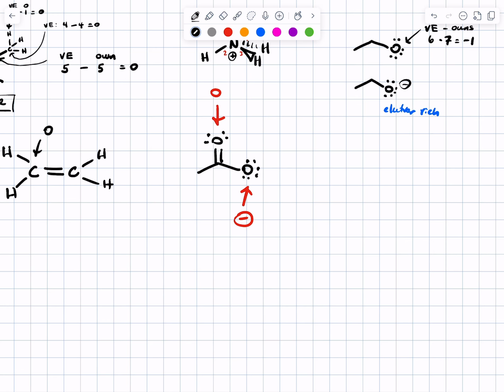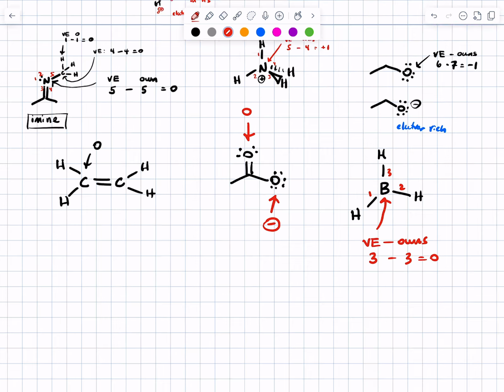Let me draw for you now another molecule, BH3. Boron is weird, right? Boron normally has 3 valence electrons. It currently owns 1, 2, 3. There's no lone pair on the boron. If there were, I would have drawn it for you.